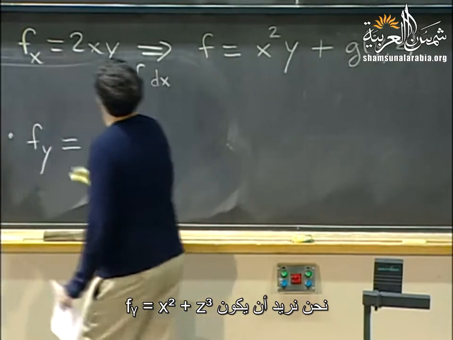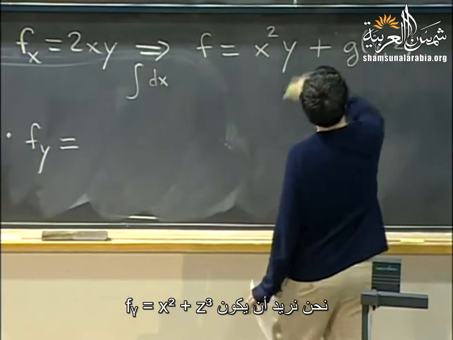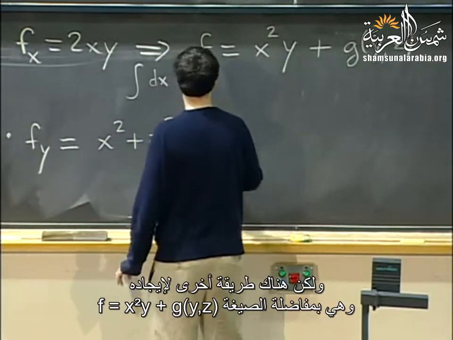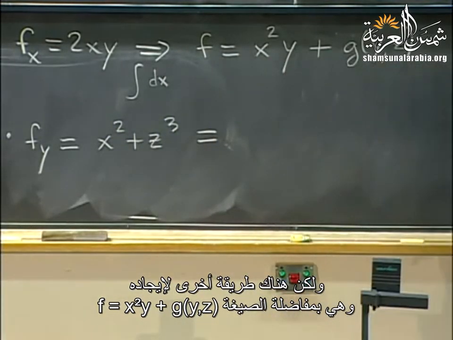f sub y, we want that to be x squared plus z cubed. But actually we have another way to find it, which is starting from this and differentiating.